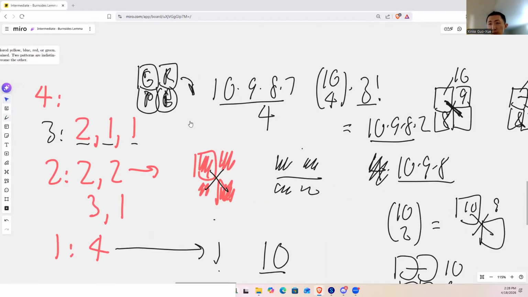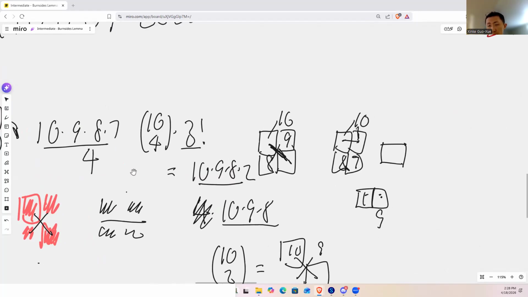And when it's opposite corners, it's also just 10 times 9 times 8. Basically, when the opposite corners, there's 10 choices for them and then 9 and then 8.